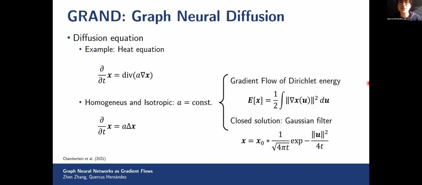Also, it has a closed solution, so it's basically a Gaussian filter. These kinds of equations were really famous in the image processing world, as Leonard also said in the previous presentation, like stable diffusion. These diffusion models are really useful in image processing because they are like a Gaussian filter, and if you use an anisotropic diffusion constant, you can avoid edges in the image and so on.